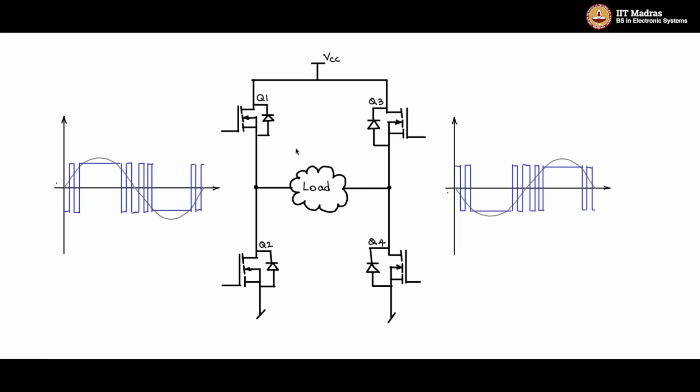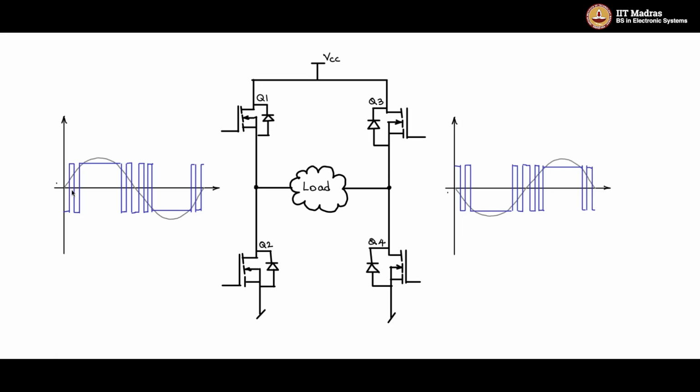So let me just demonstrate this with a zoomed portion of this one. Let me zoom this portion and show you. Let me take one transition. You see that here the waveform is going from high to low.